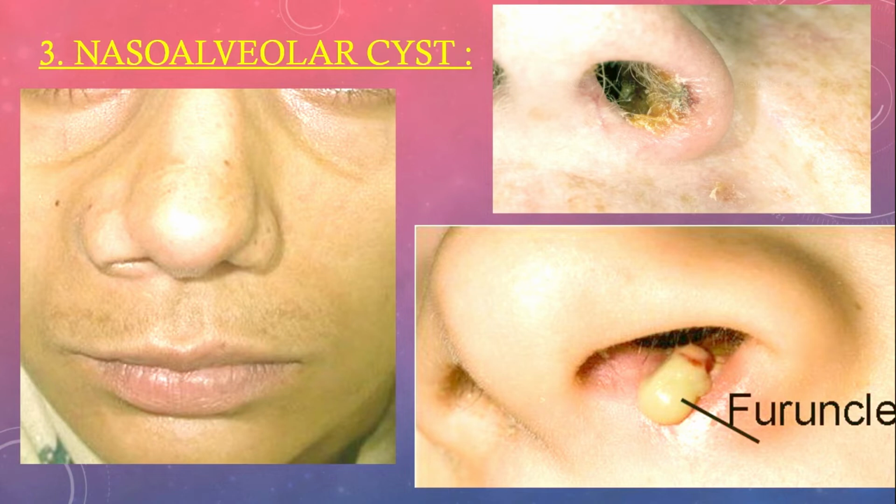It's a kind of cyst which gives rise to a swelling, and asymmetry is visible in the right nostril area. You can see there is filling of the area. Now this nasoalveolar cyst also can be treated surgically, and the surgery is usually done under the lip, so there's no scar mark on the face.